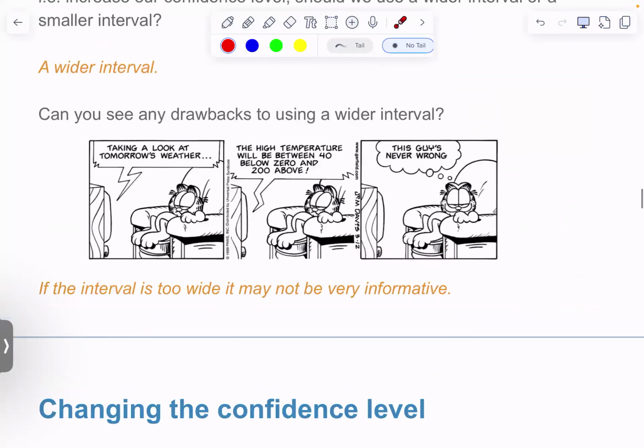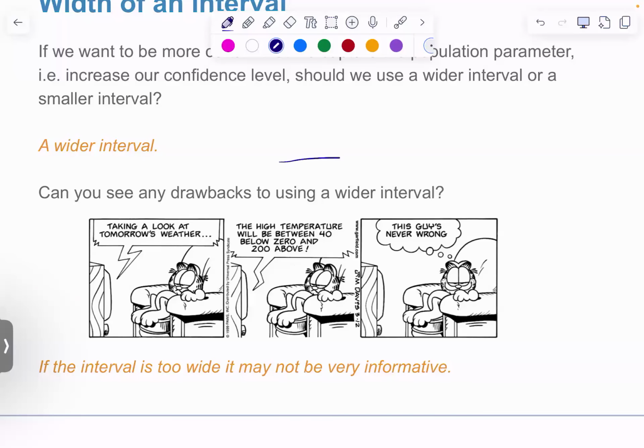I did have a student one time ask me, why don't we do a 100% confidence interval? So now I'm going to throw that back to you. Why wouldn't we do a 100% confidence interval? It'd be awesome, I'm 100% confident. But what would we need to do?